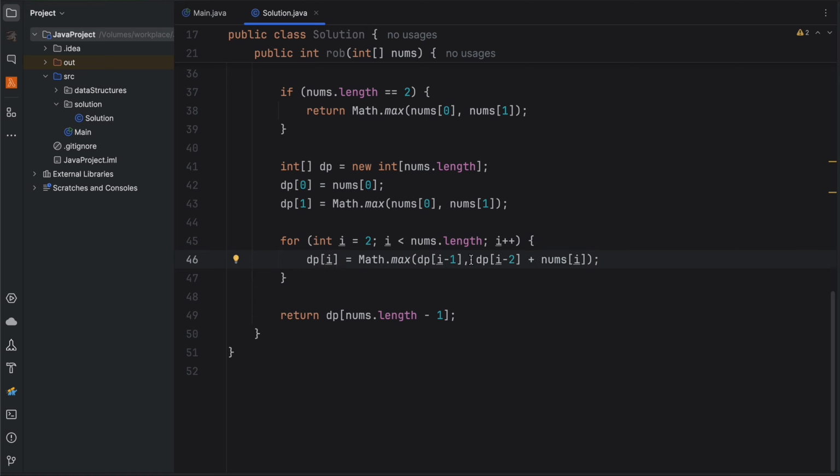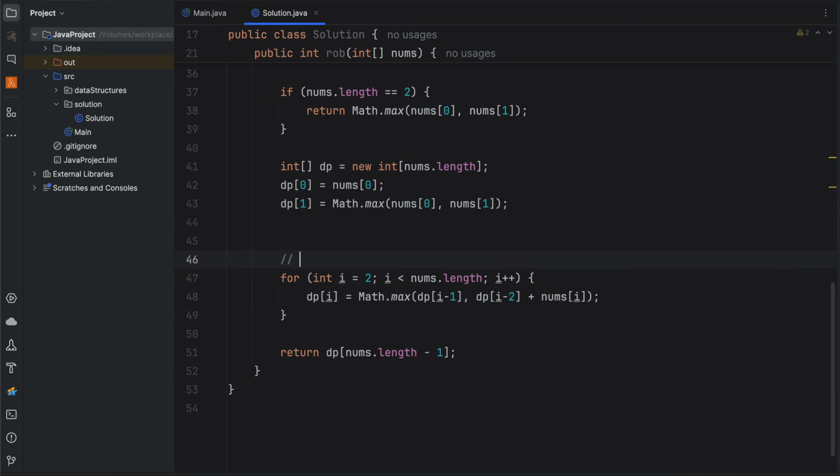to take the money from the second house, or from the first house plus from the third house. So let's say that the input array has the following values: 1, 10, 5. dp of 0 would be 1, dp of 1 would be 10, because 10 is greater than 1.